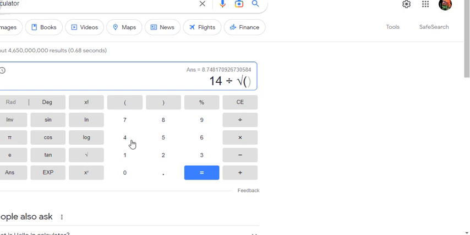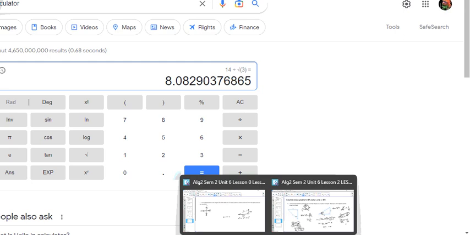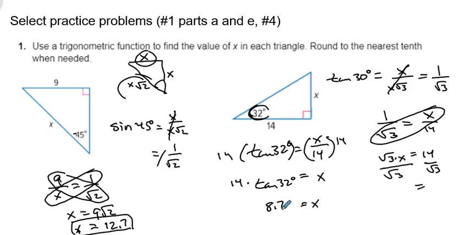14 divided by square root of 3 is equal to about 8.1, and we got 8.7 there. The reason it's shorter is because if this is 2 degrees more, it's going to go a little higher.